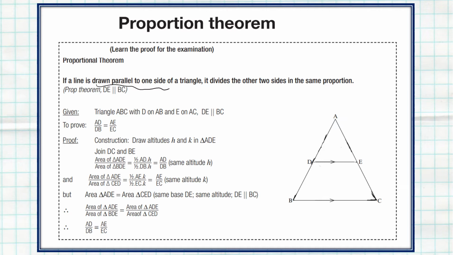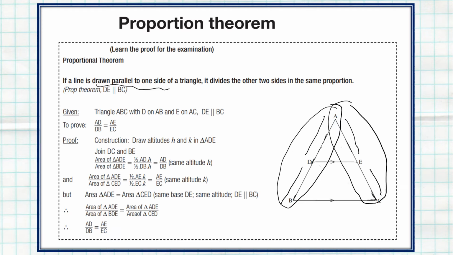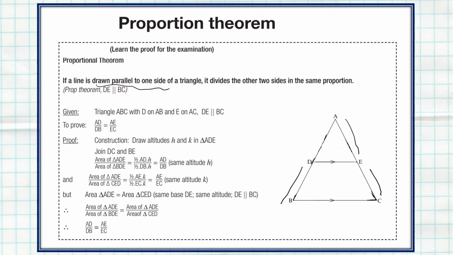So if you say AD over DB is equal to AE over EC, you are telling them that their ratios are the same, meaning the lines are in the same proportion. The reason that you give for this is the proportionality theorem. You can just write prop theorem, then you also indicate which lines are parallel: DE, because DE is parallel to BC. So that's the reason that you give to them.